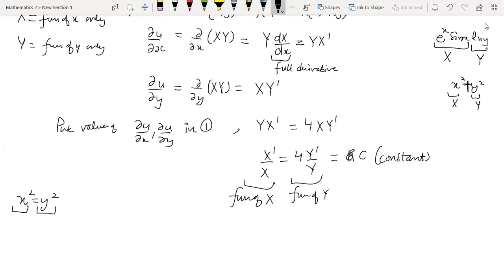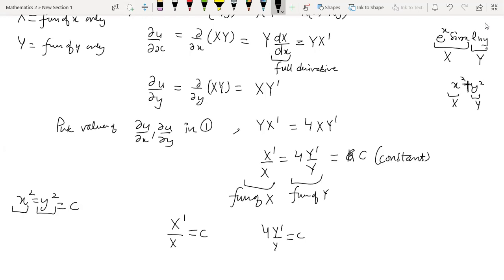So this is only going to happen if both of them are equal to a constant, because both of them are different variables. So this is also a step which we will be using in separation of variables, that both of them have to be equal to a constant. So since both of them have to be equal to a constant, this will further give you two equations.